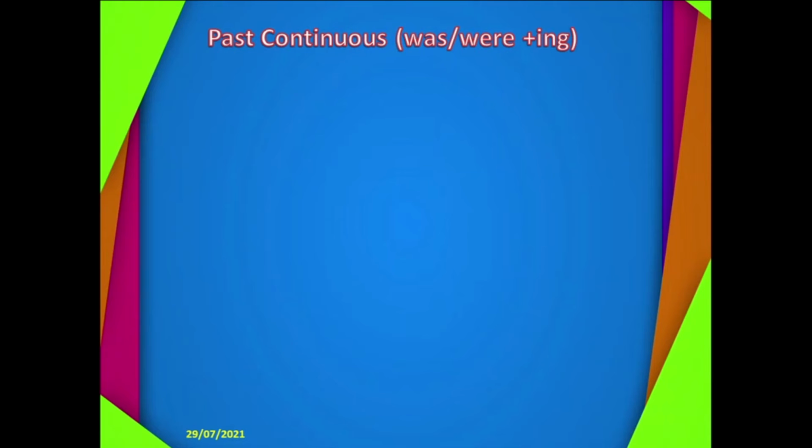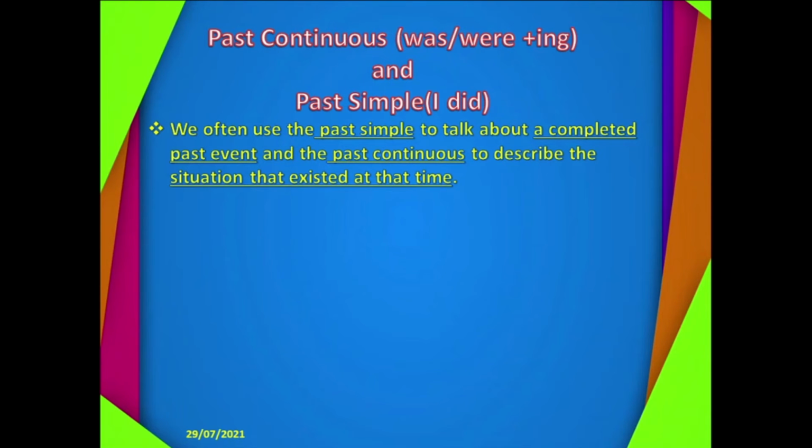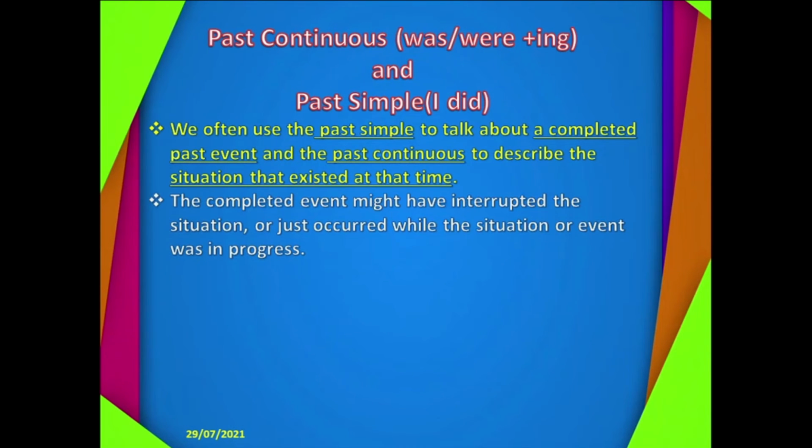Okay, so past continuous uses was, were plus the ing form, and then the past simple tense. We are going to see these two together forming a sentence. What I have just shown you here is all about when a past continuous action is taking place and something interrupts.